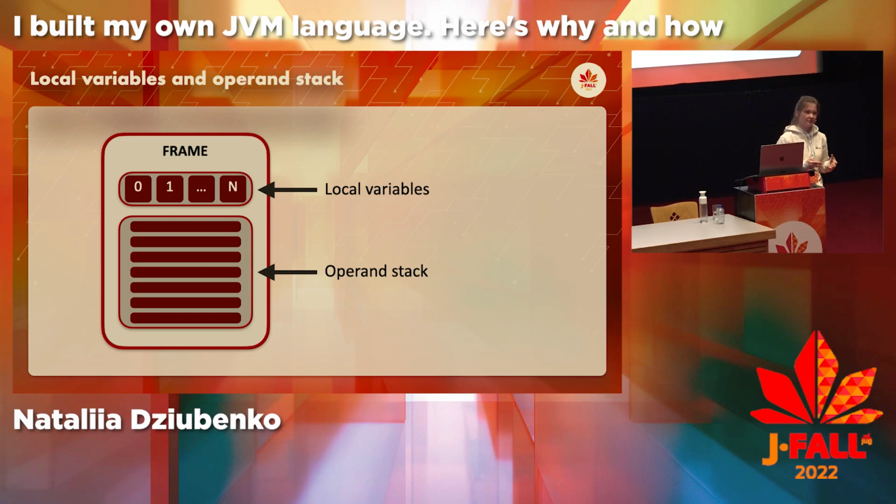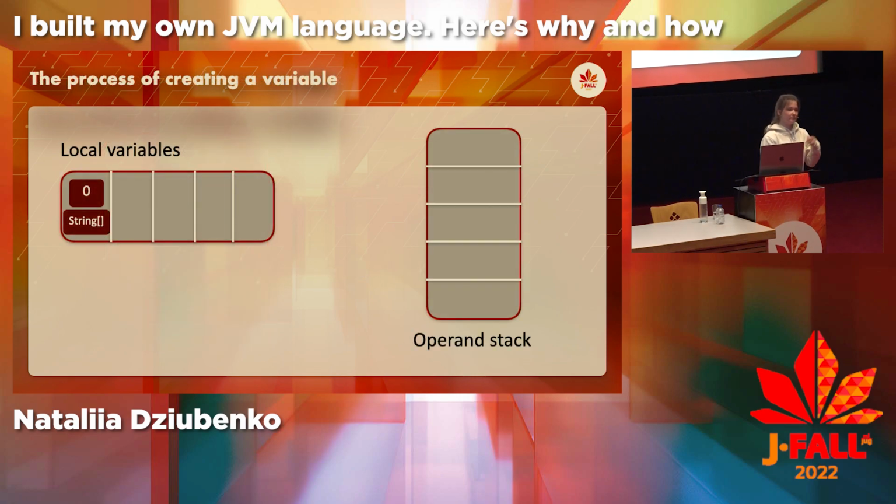So before you can actually do something, you need to put it on the operand stack, and they will be returning it back also to the operand stack. For example, you want to create a variable. Imagine we're in Java in the main method, and you see in local variables we already have index 0. It is busy with an array of strings because the main method accepts an array of strings. We want to create a variable. We cannot immediately put stuff in local variables.